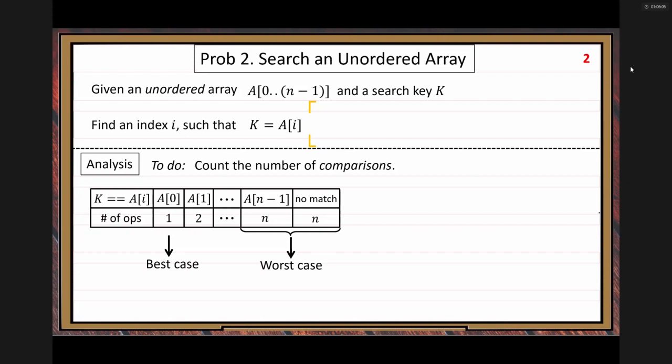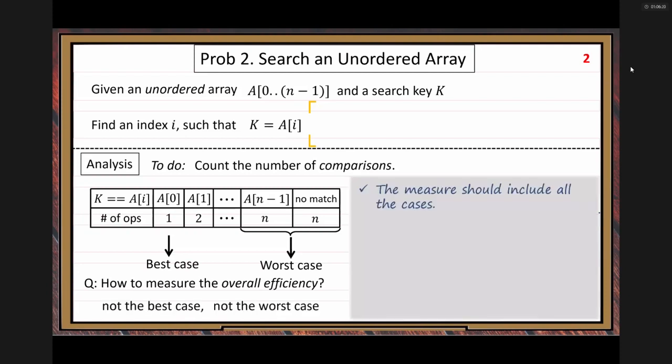And here we have a similar concept, average case efficiency. When we talk about overall efficiency, we like to use the average case efficiency. Not the best case, not the worst case, it's the average case efficiency.